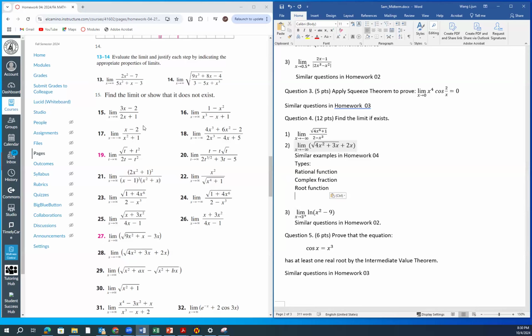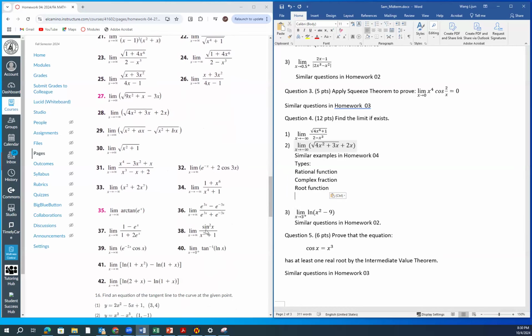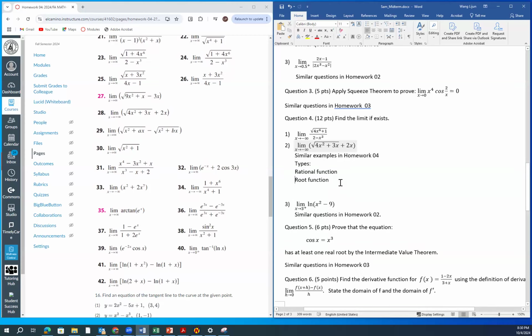Rational functions, so all of these are rational functions. And root functions. I think we just don't have complex fractions. But we have logarithm, right? These two questions we did in class. So these are the three types.